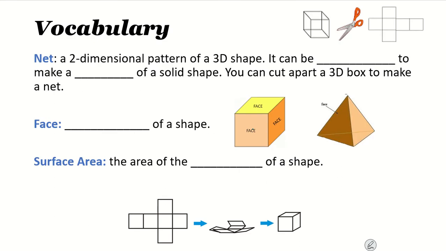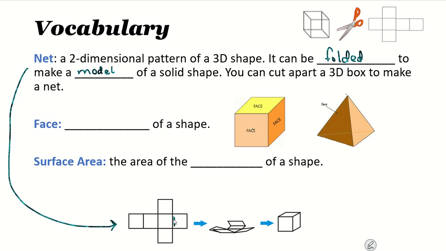Okay, a net. A net is a 2-dimensional pattern of a 3D shape. It can be folded to make a model of a solid shape. So that sentence refers to what's going on right here in this picture. You see this picture of a net and they're folding it back up.